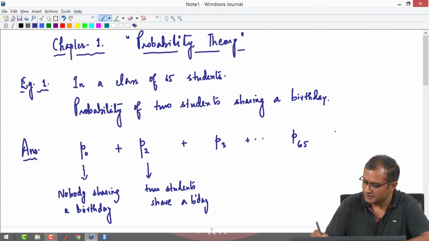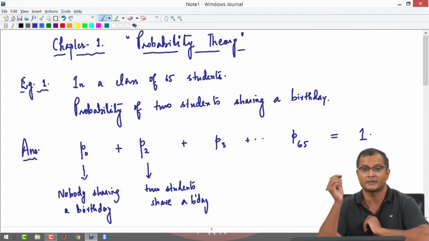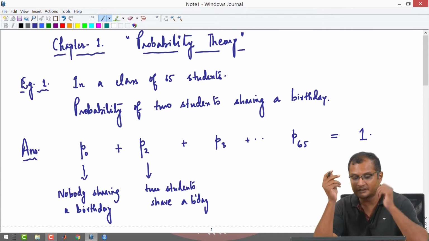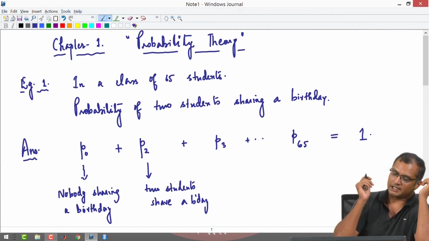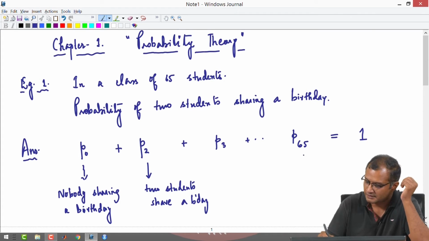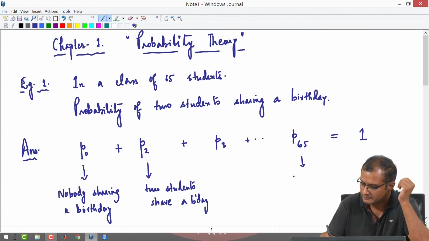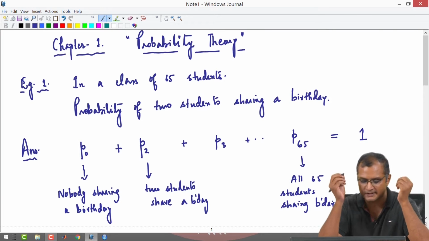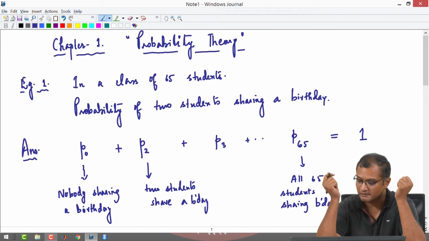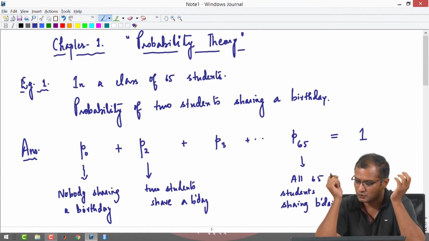Okay. Now, I know that the sum of all these probabilities has to be 1, because all of them have an exact birthday, and I have taken all the possible cases on the left hand side, this last case being all 65 students having a birthday on the same day. So, the left hand side is collectively exhaustive. So, the sum of all this has to be 1.